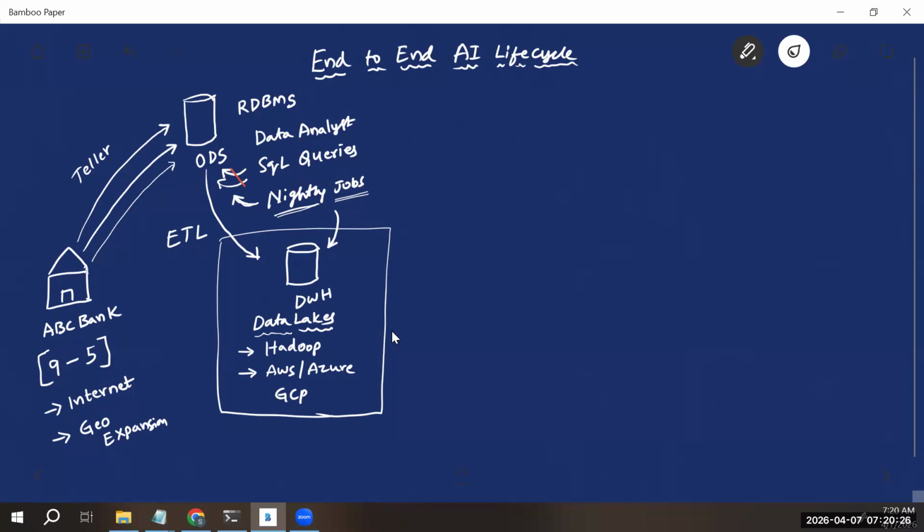People were using the cloud managed services, and this entire thing used to be called big data, right? So instead of storing only structured information, we were also storing unstructured data. So what is unstructured data?